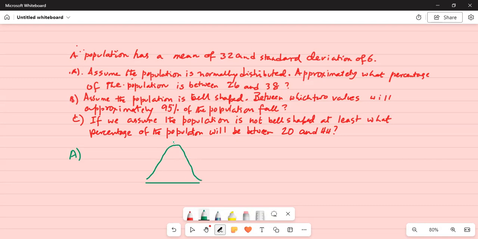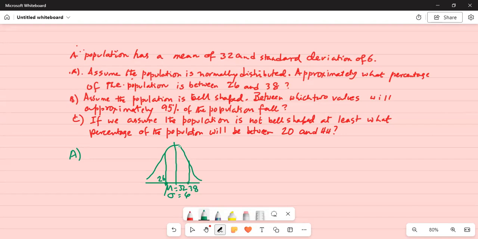Okay, so the population mean mu is 32, and the population standard deviation sigma is 6. And the two numbers we have been given are 26, which is less than 32, so it's on the left of 32, and 38 is greater than 32, so it's on the right of the mean.